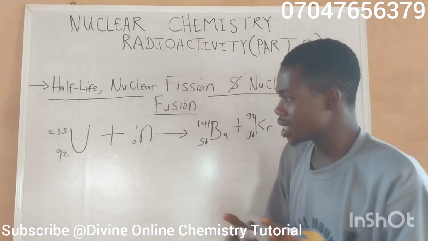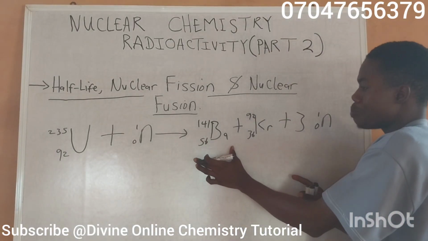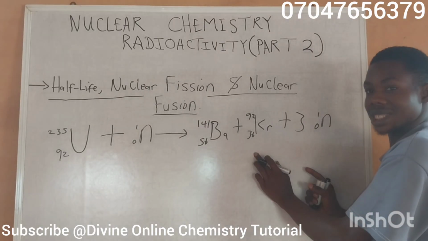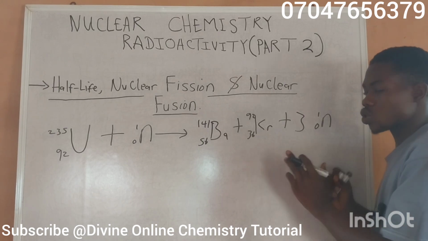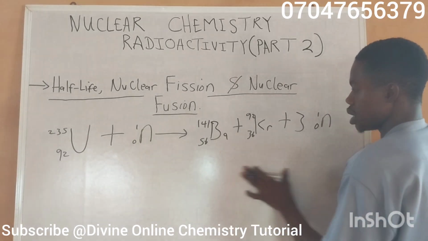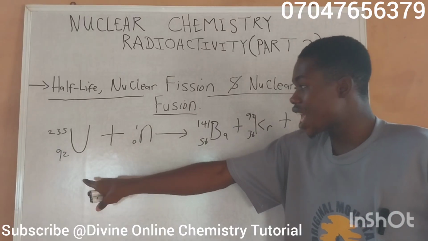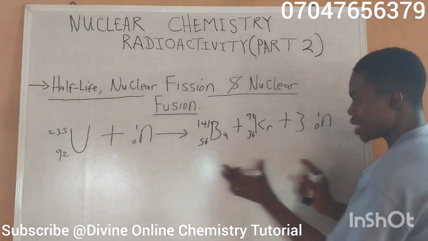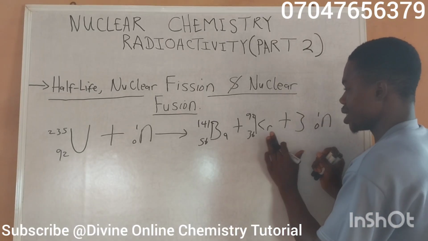So please take note of this. This equation just explains nuclear fission: the process whereby the nucleus of a heavy element, which is this one, breaks down into two or more nuclei with a release of energy and radiation. So please take note of this.